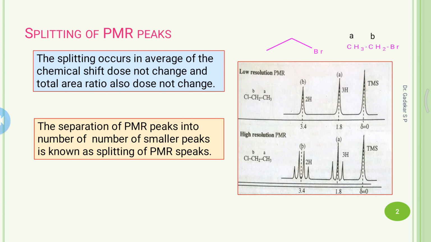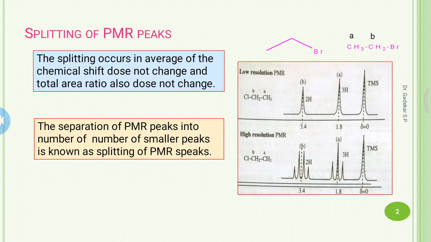The proton ratio is 3:2. But for CH3CH2Br, ethyl bromide, we also use high resolution.